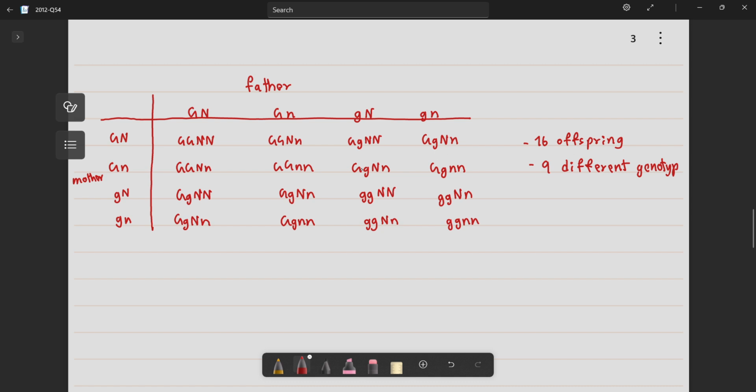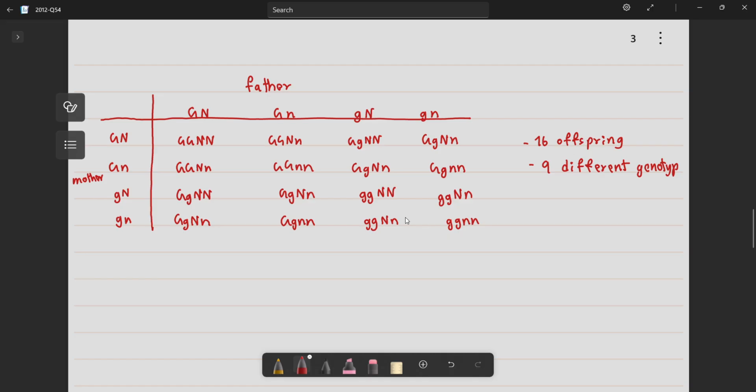If you count, you should ignore the ones that are similar. For example, this is the heterozygous of the two genes, and the second one is the same as this. That's why there are nine different genotypes from these 16 possible offspring.